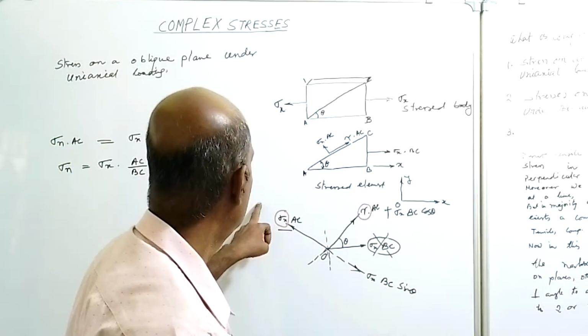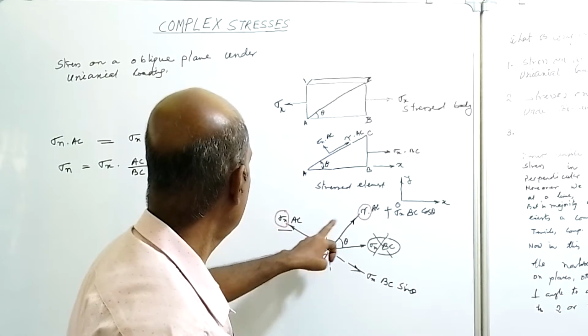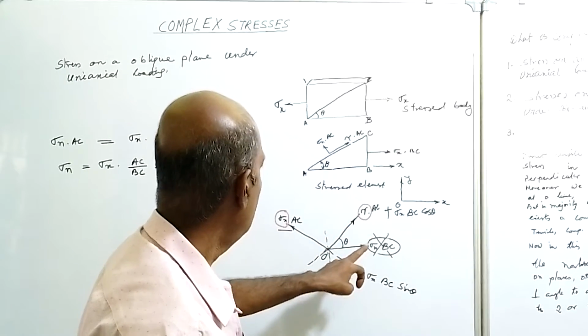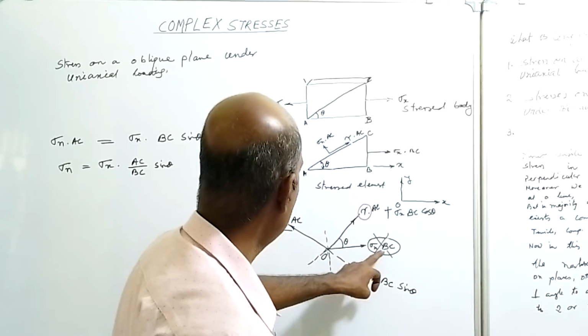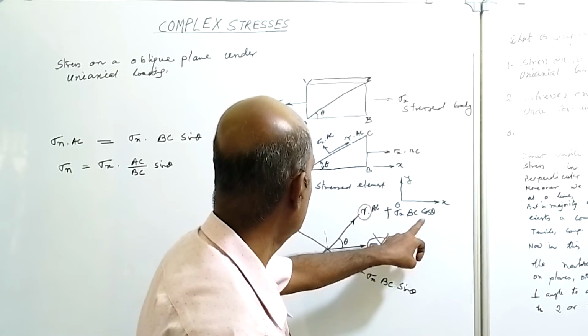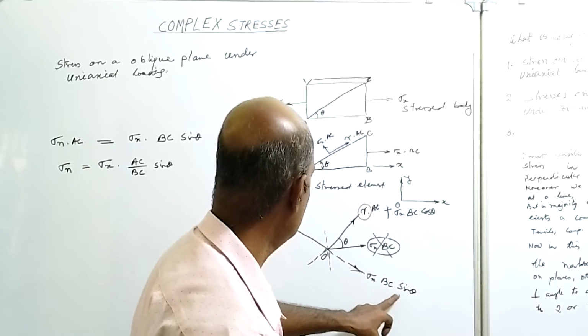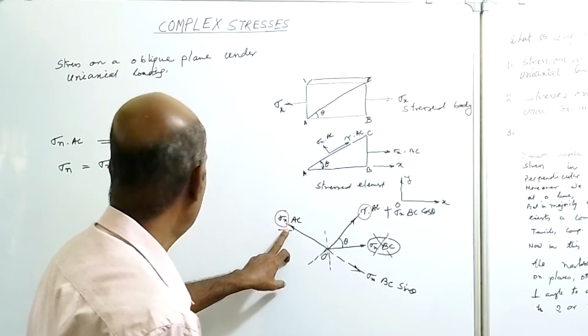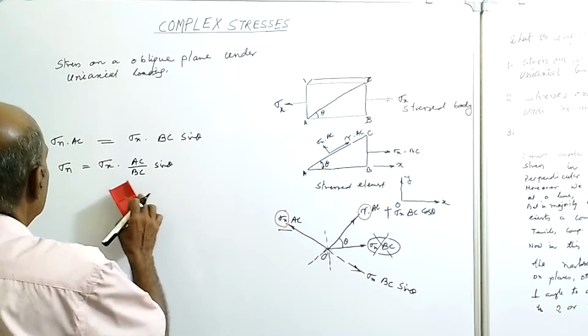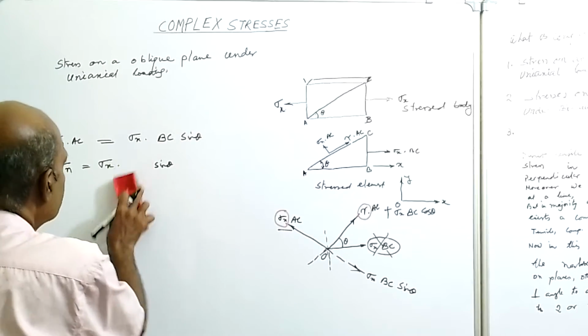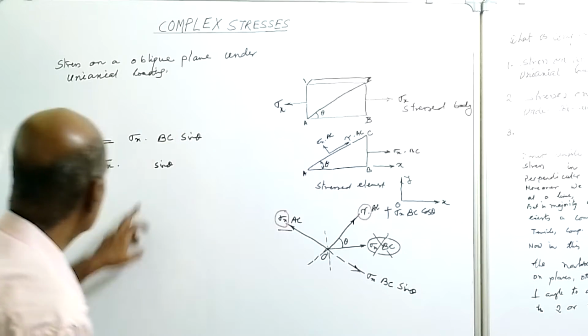Sigma n into AC, tau into AC, and this one is sigma x into BC. So sigma x BC cos theta, sigma x BC sin theta. Now sigma n into AC is equal to sigma x into BC sin theta.